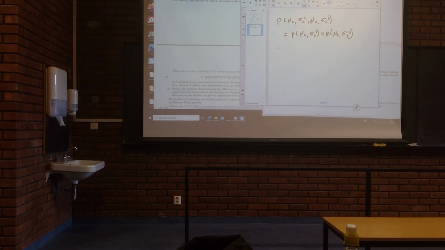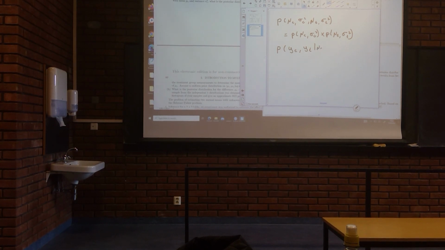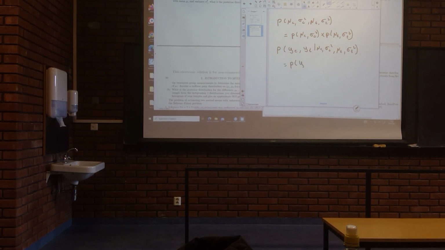And furthermore we have that the data, if we say y_c is the data from the control group and y_t is the data from the treatment group, given all the parameters, then that one also has the independent structure.